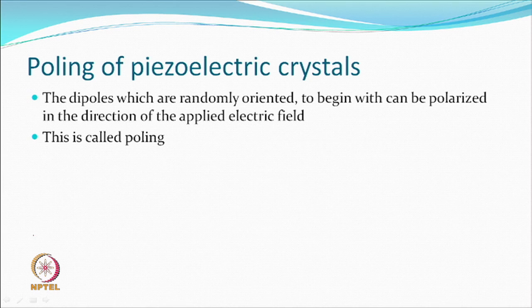There is a process which is called poling, that is you orient the poles in the piezoelectric crystals. What it means is, like in magnets, you work so that north and south pole elements are oriented, aligned along a direction.